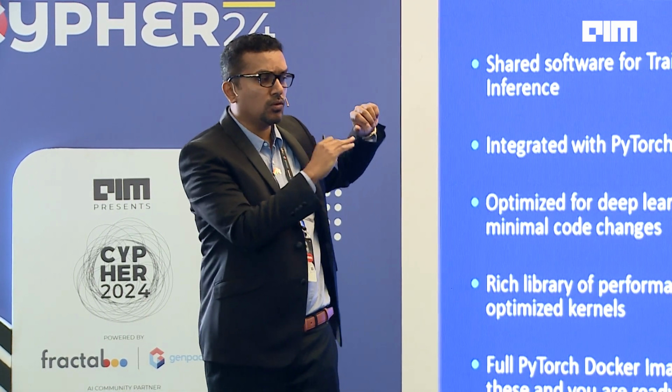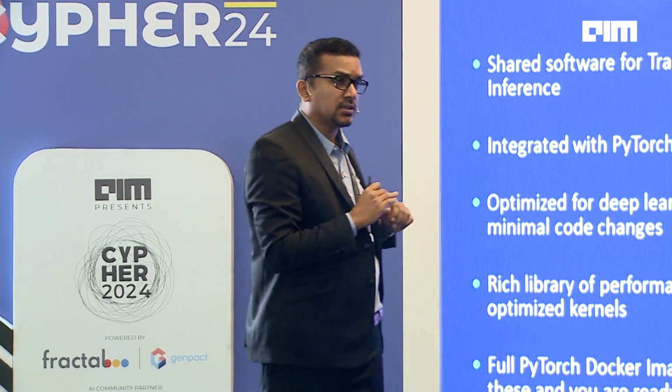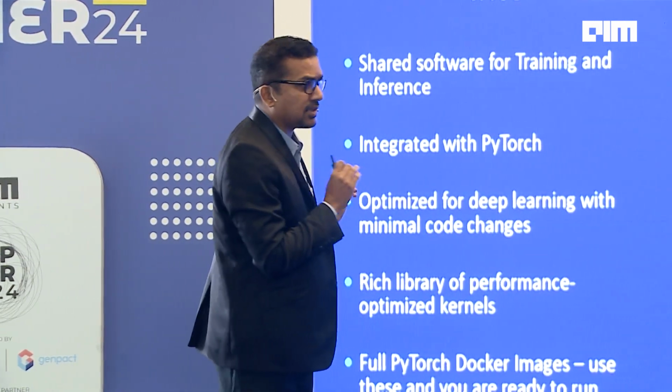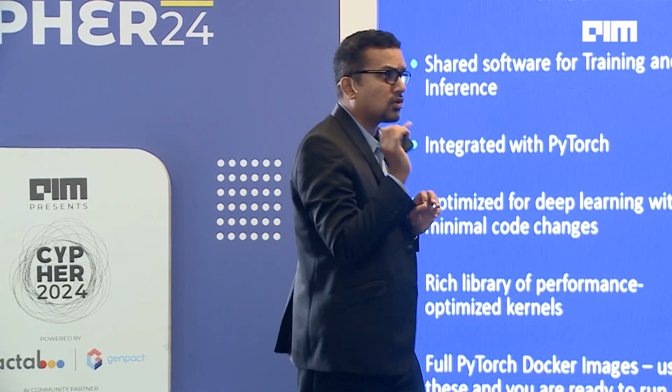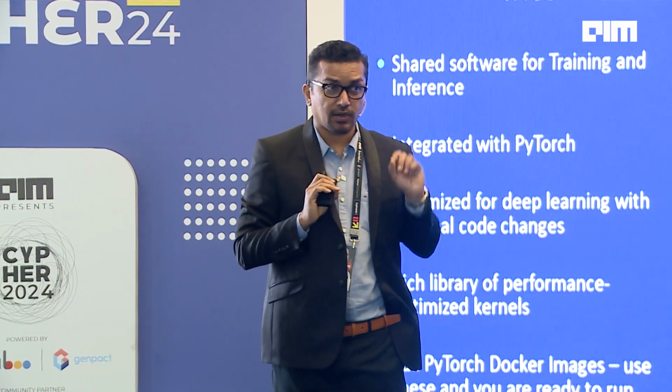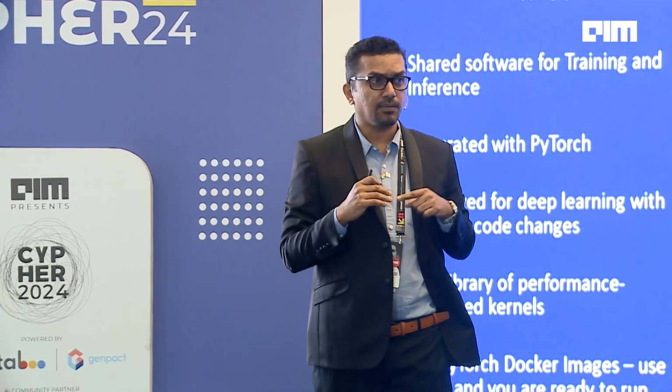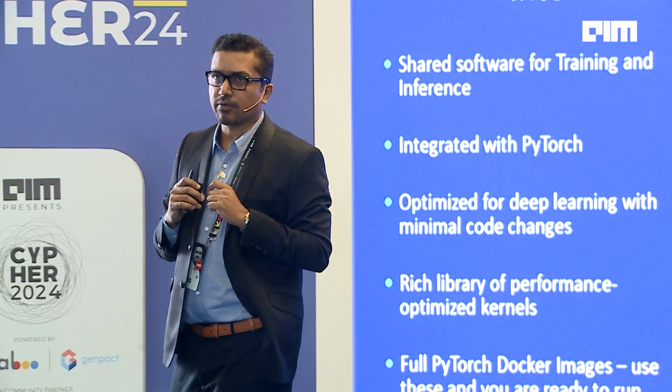Let's say you have 2 Gaudi systems with 8 cards each. So 8 cards with 96 GB of memory for each card comes to around 700 GB of memory for one system. So 2 systems will come to 1400 GB of memory.